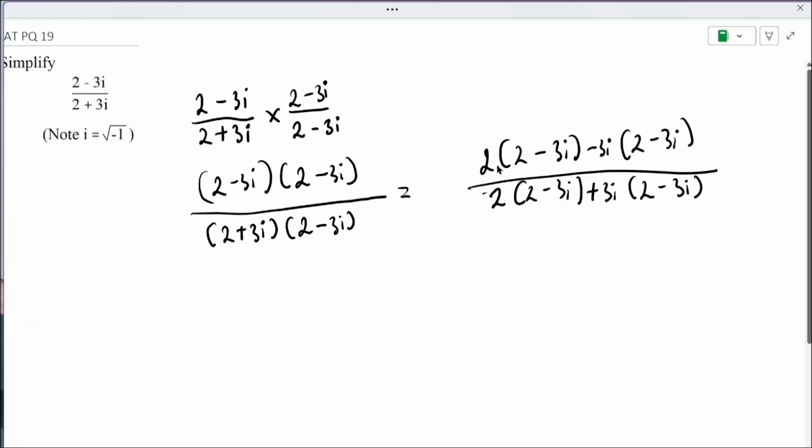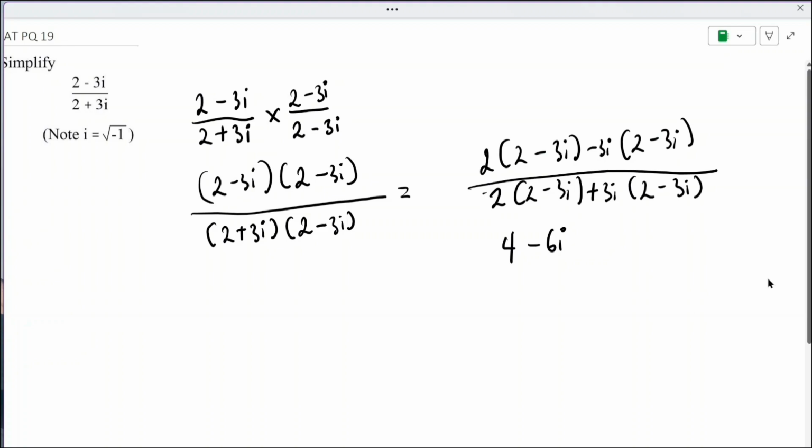We go to the numerator and we multiply. You have these two affecting both this 2 and this minus 3i. You have 2 times 2, you have 4. Then 2 times minus 3i will give you minus 6i. 2 times 3 is 6. Then you add the i to it. Then you have minus 3i times 2.